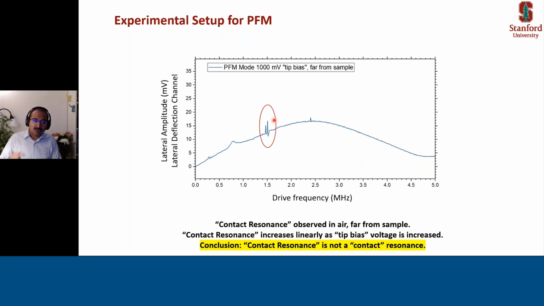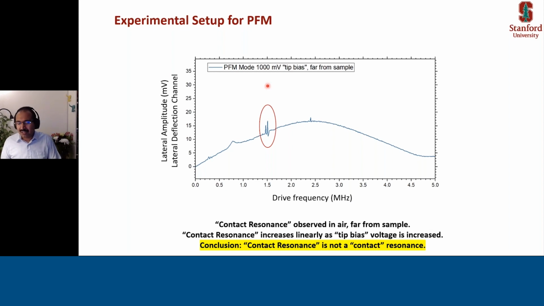Number one, we would see a resonance even when the sample was not in contact. The tip was floating in air. Even though this is supposed to be a contact resonance, this was observed in air, and that raised some questions. What we also found is as we increase the tip bias, or sample bias, which is required in piezo response force microscopy, the peak amplitude of this particular resonance, or of all of these resonances, would linearly increase.